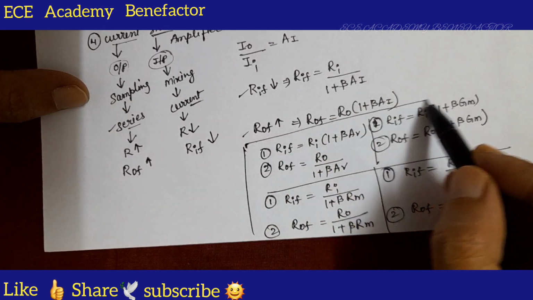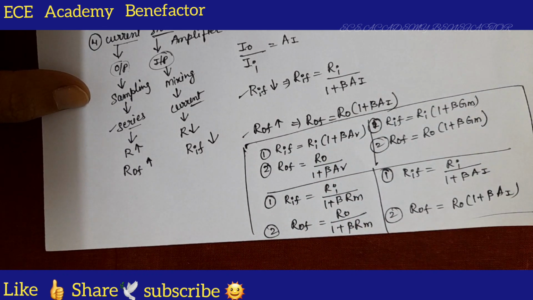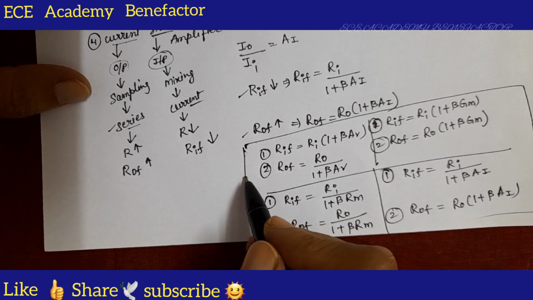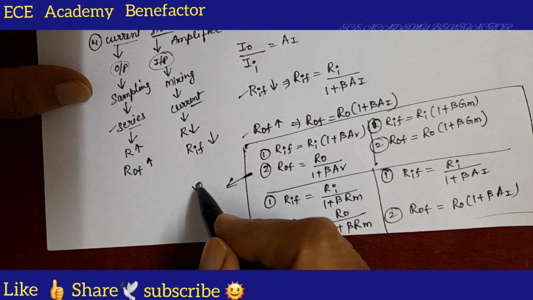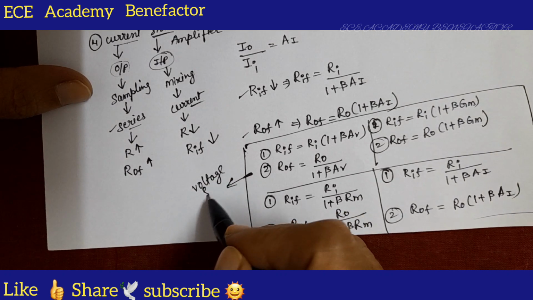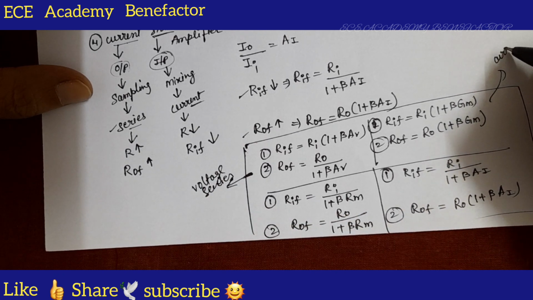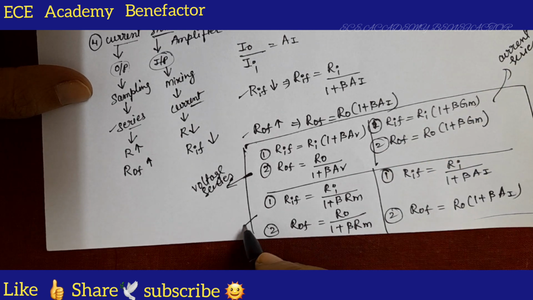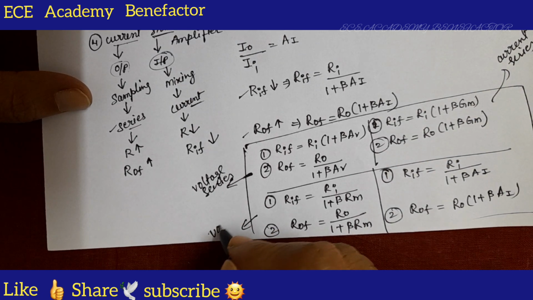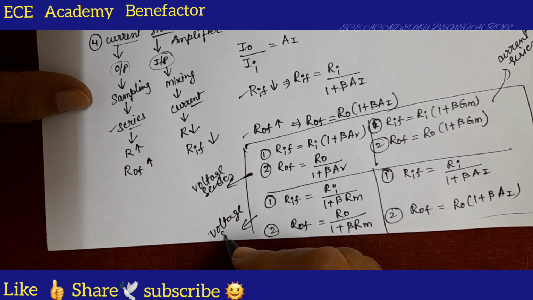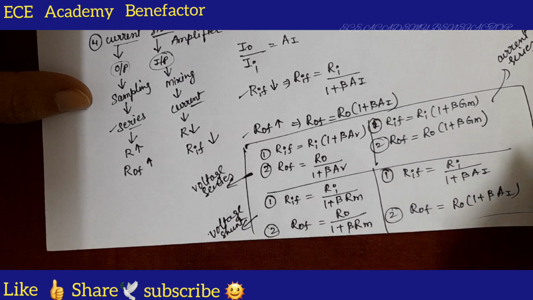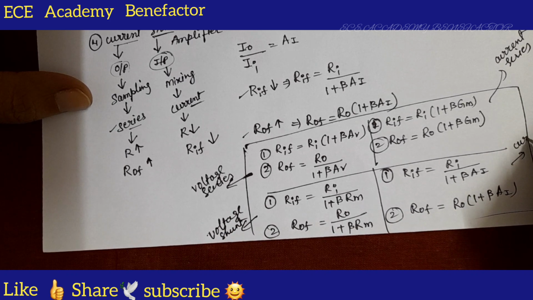So these are the input output resistances of all the 4 feedback amplifiers. This is for voltage series feedback amplifier. This is for current series. This is for voltage shunt, and this is for current shunt.